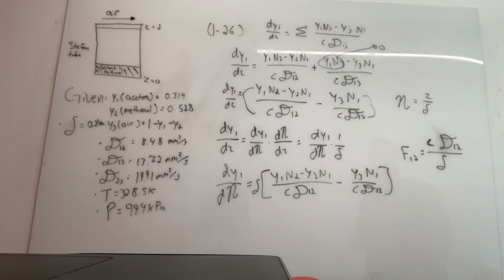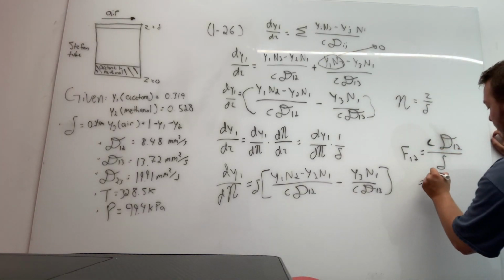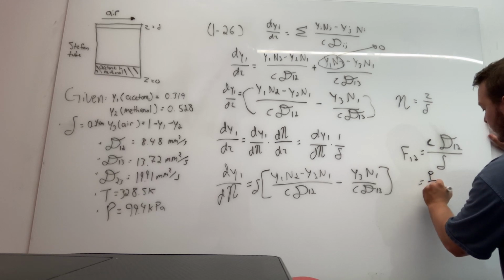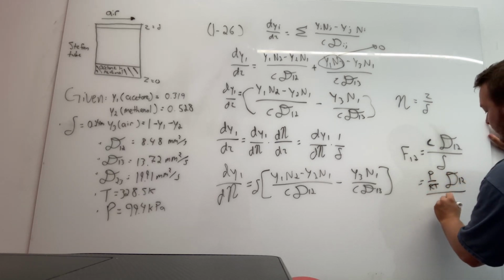Make sure that you can see it on the camera. And we can solve for c also. c would be equal to P over RT, so P over RT times the Stefan-Maxwell coefficient of 1, 2 all over delta.